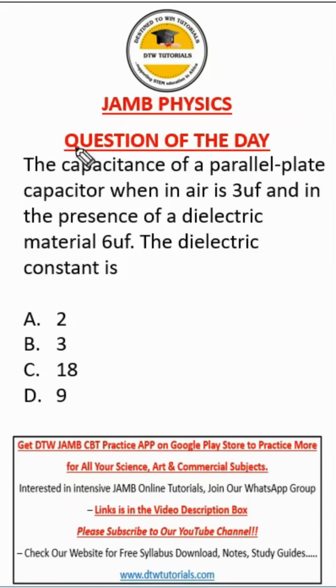You will get this JAMB physics question. It says the capacitance of a parallel plate capacitor when in air is 3 microfarad and in the presence of a dielectric material 6 microfarad. Now, the dielectric constant, remember, is also called relative permittivity. The formula is the permittivity of the material over the permittivity of free space, that is in air.